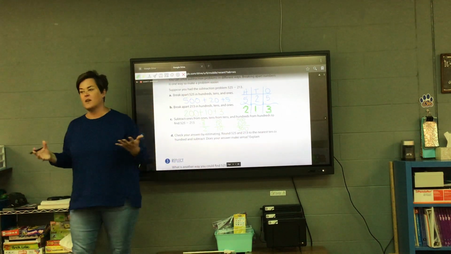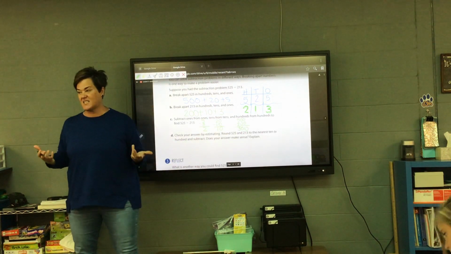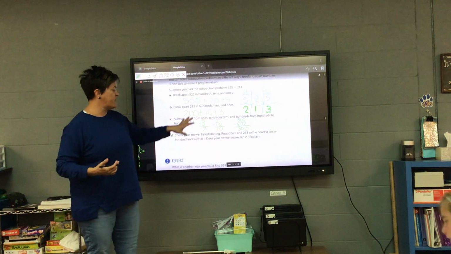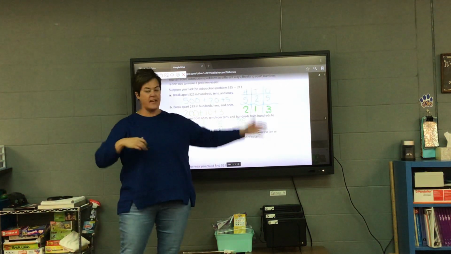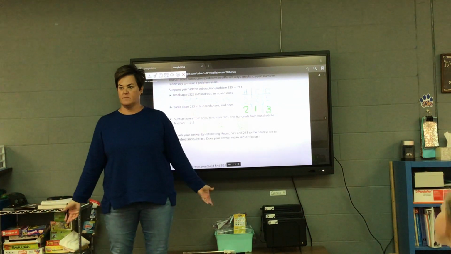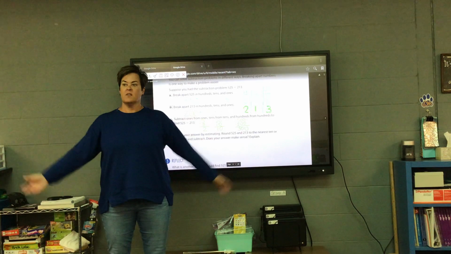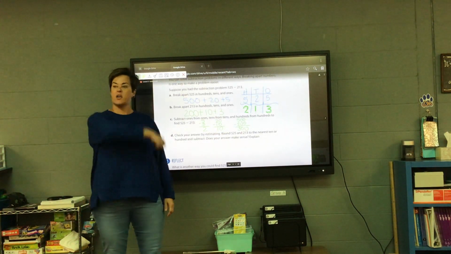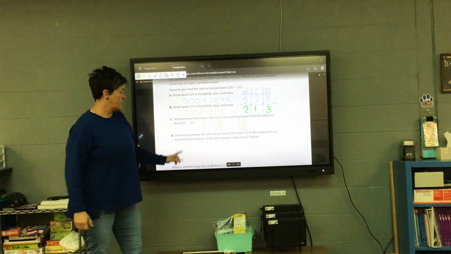Okay, I'm not done though, because this is all broken apart, isn't it? I still have my ones, my tens, and my hundreds, and they're kind of all over the place. What do I need to do with them? Bring them together. Right, are they in the right order here though? No. What's my largest number? 300.